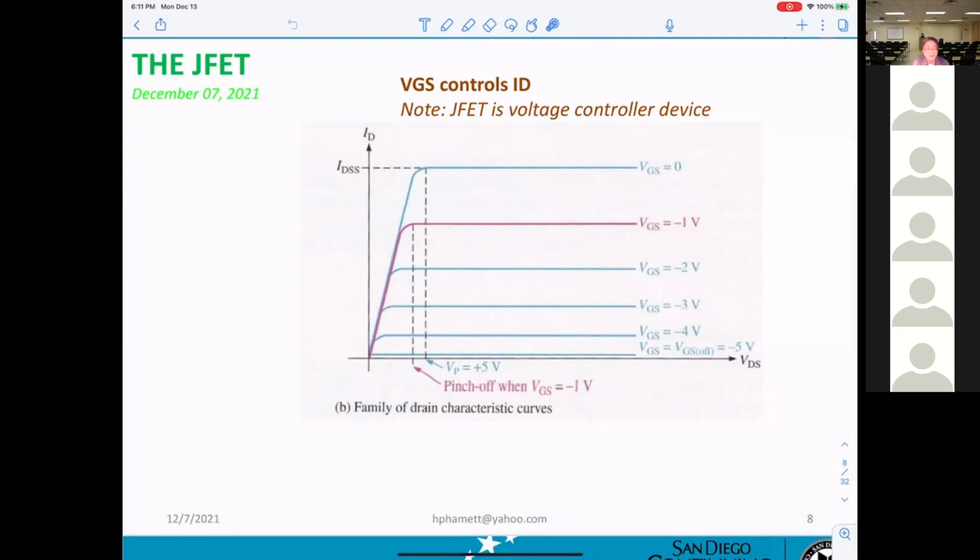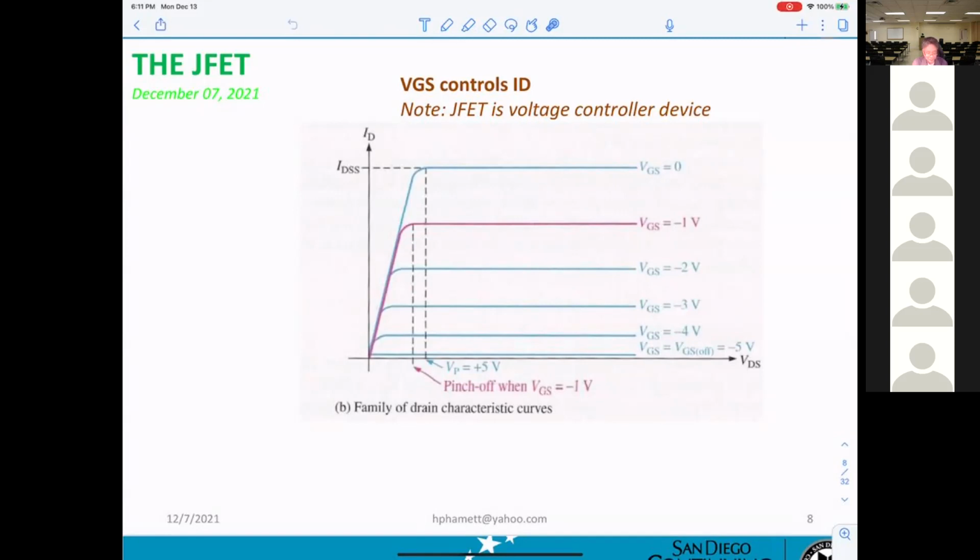That's why they say JFET is a voltage controlled device. Mr. Pham, I have a question. Yeah. Maybe you already said it, maybe I missed it, but where you have VP equal plus 5 volts in blue, and then in the pinch off when VGS equal minus 1 volt, the pinch off and the VGS when VGS is negative, are they one and the same?